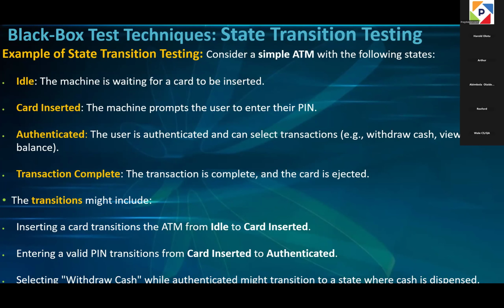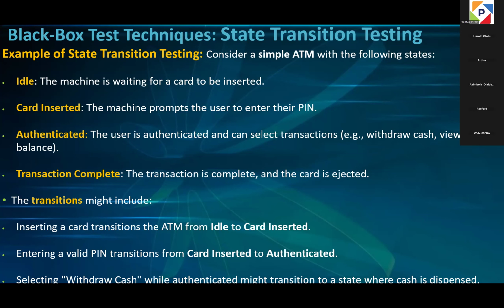And when the machine prompts the user to enter their PIN, the user is authenticated and can select transactions, whether you want to withdraw your cash or view your balance. Whichever transaction you do, the transaction is complete and the card is ejected. So if you slot in your card and you give the correct PIN, it's going to ask you, so you can imagine it transitions to another state.